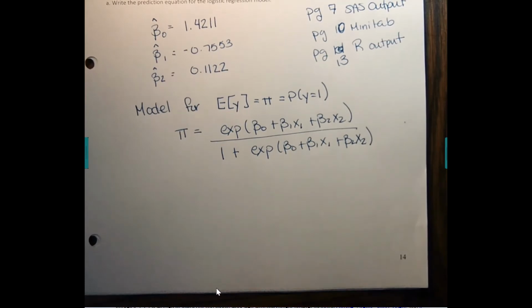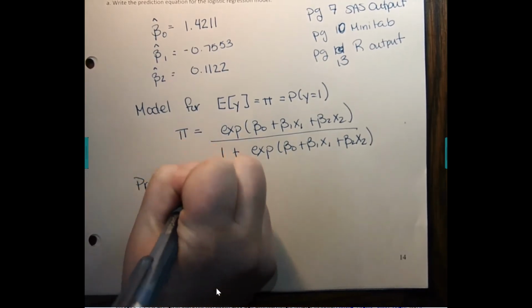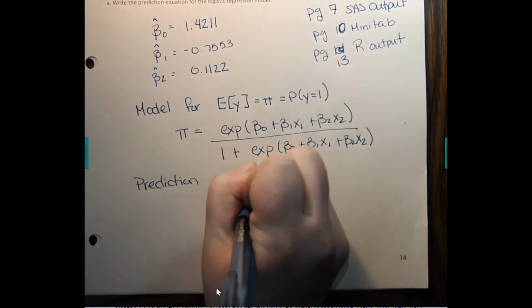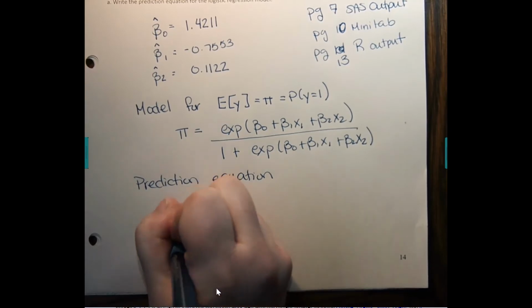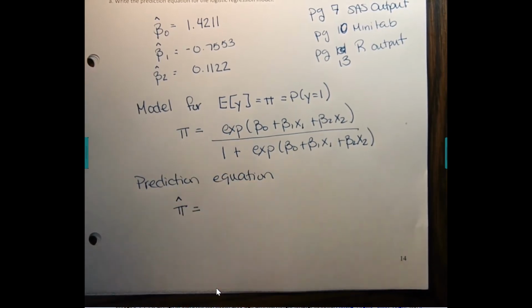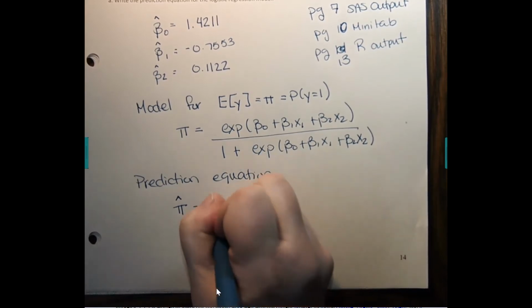Now we can get our prediction equation. Just like before, when we used y hat to denote our prediction equation, now we're going to use pi hat. And for each of the betas in the model, I'm going to plug in their estimate.